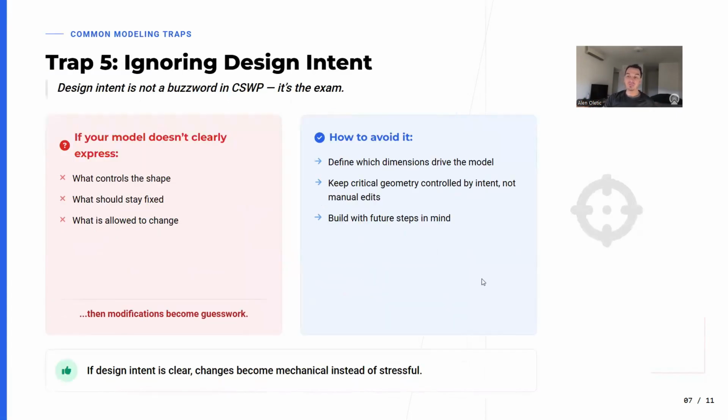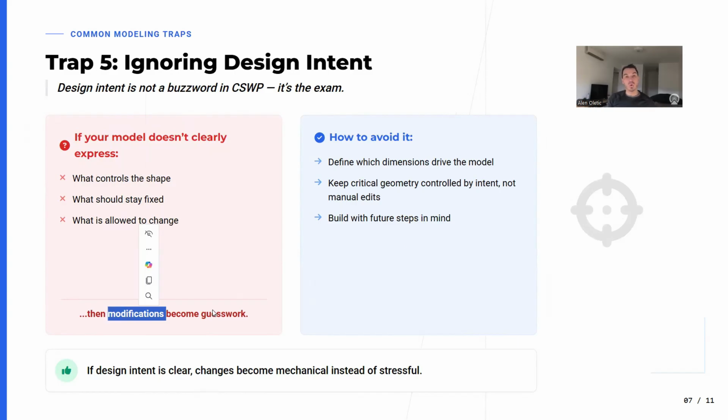Trap number five, ignoring design intent. Now, design intent is not some buzzword in CSWP, that's actually the exam, right? How the model will change if I change one dimension or feature. If your model doesn't clearly express what controls the shape, what should stay fixed, and what is allowed to change, then modification becomes guesswork.